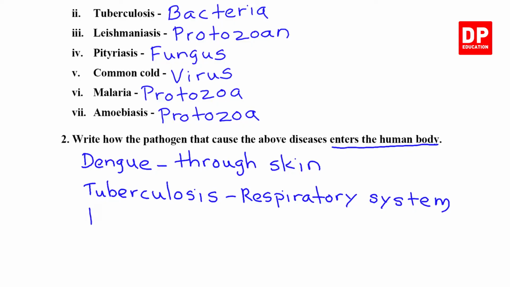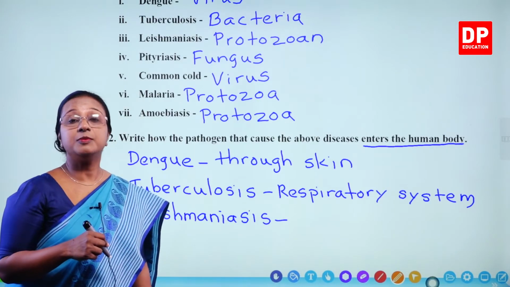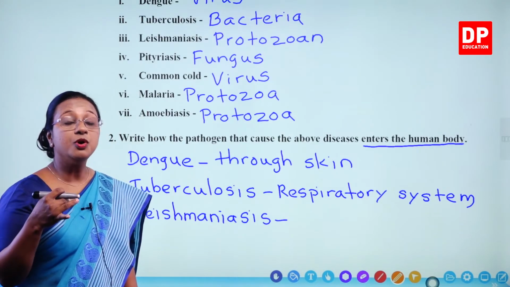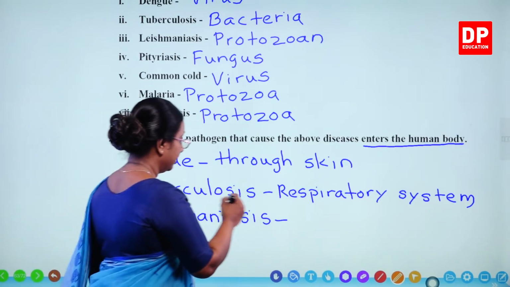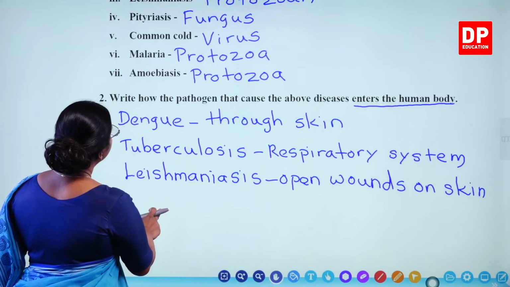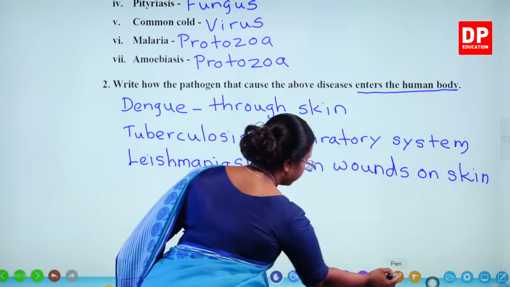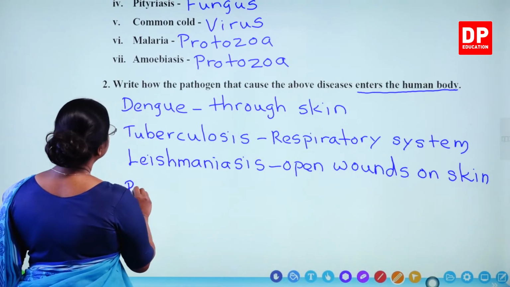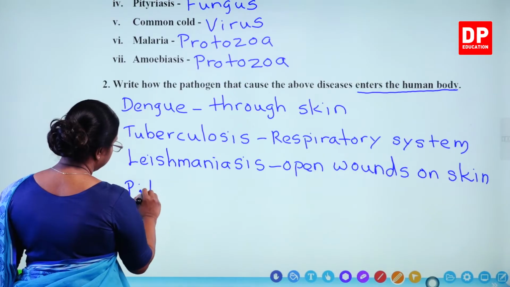Then leishmaniasis. Leishmaniasis, it is a protozoan. It enters through open wounds in the skin. So open wounds on skin. Then we have pityriasis.